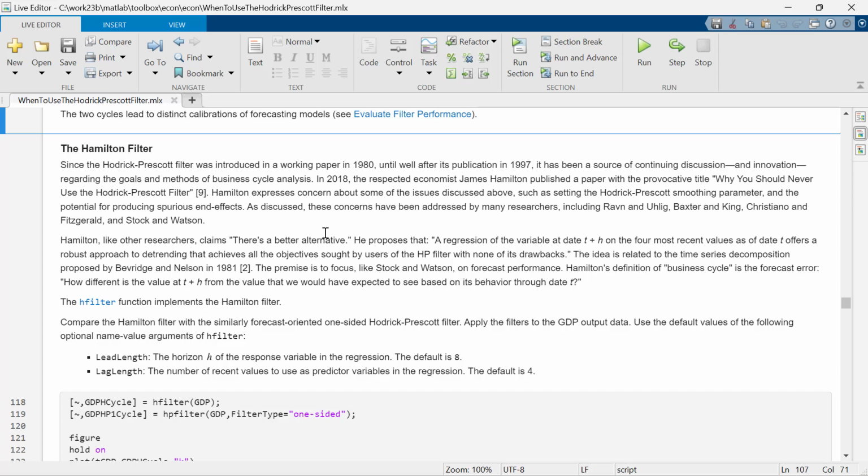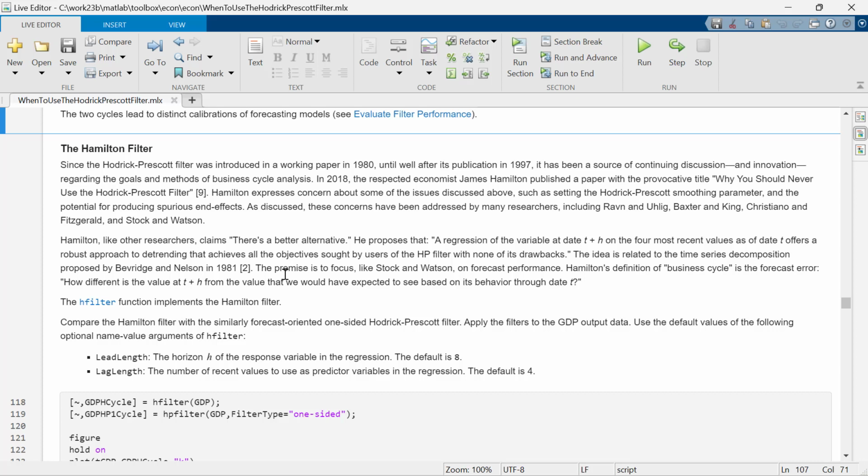Hodrick and Prescott were looking for a way to use statistical smoothing to come up with a reasonable trend, and Hamilton kind of changed the playing field and said, what we really want to do is be able to create a good forecast, which is perfectly reasonable, but wasn't expressly what Hodrick and Prescott had set out to do.